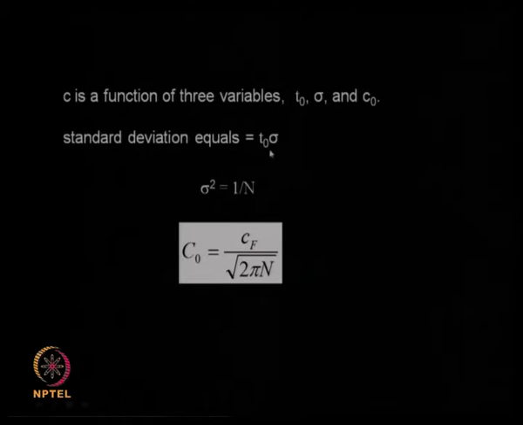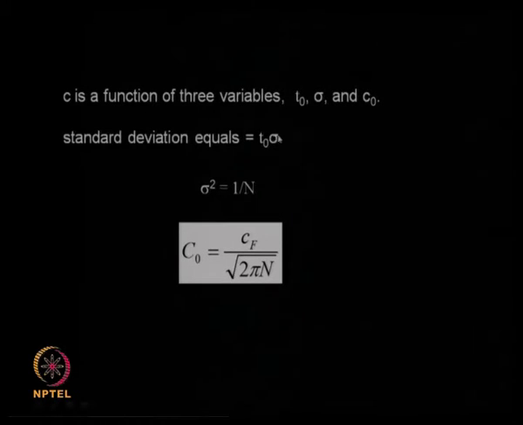And what is sigma? T naught sigma is the standard deviation. So if I know the standard deviation, I can calculate the number of theoretical stages of a column. So what do I do? I inject a sample and I see the T naught, the time at which the elution is maximum, then I get the standard deviation of the Gaussian curve.